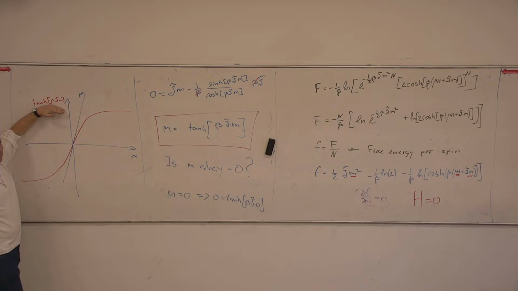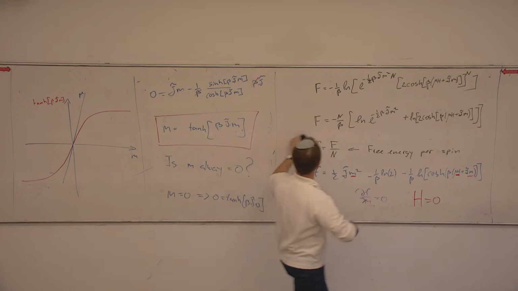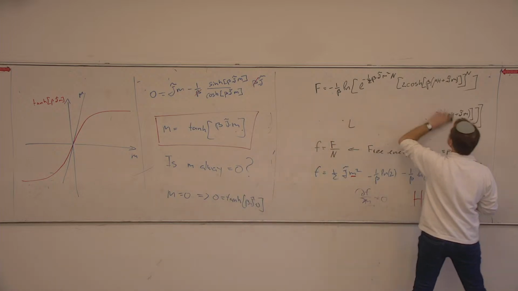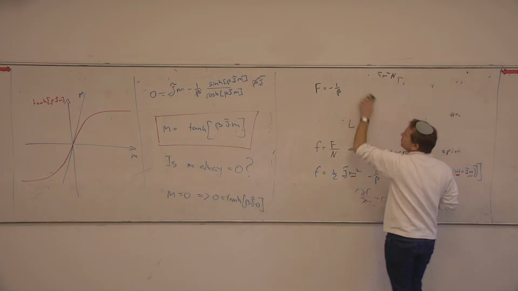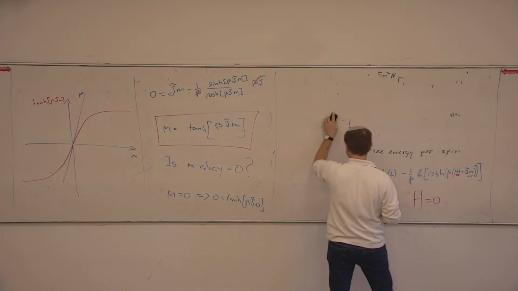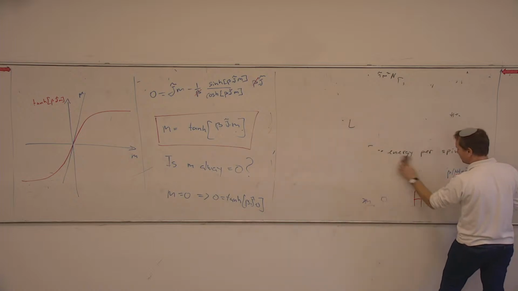The slope of the hyperbolic tangent, when m equals 0, is actually not 1. It's something that depends on beta and j tilde. So what is the slope of this function at 0? Let's take a derivative and calculate the slope at m equals 0.